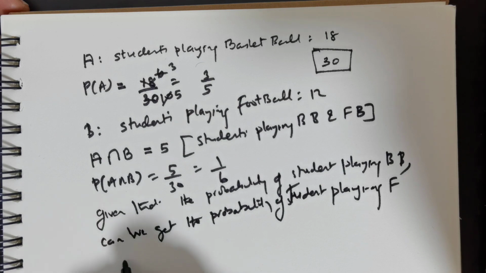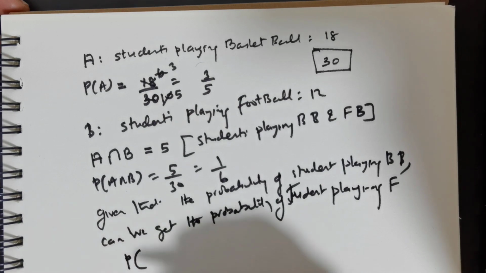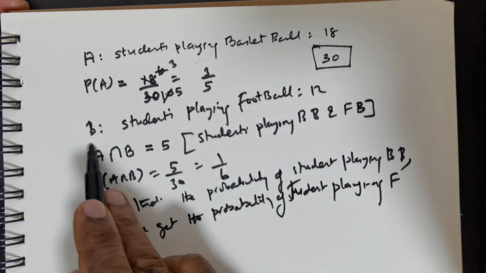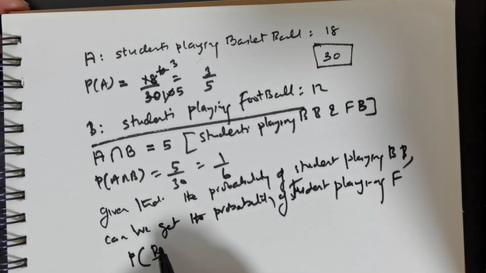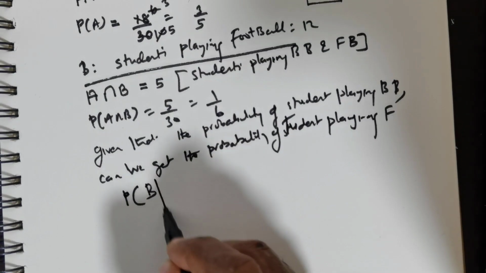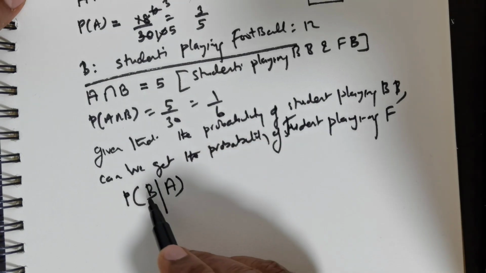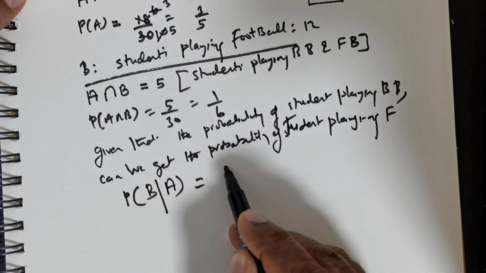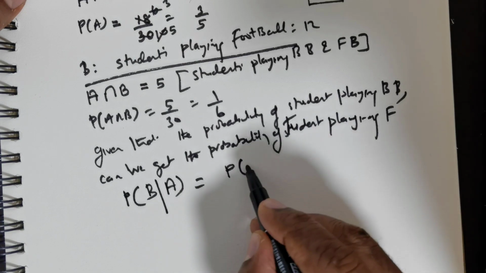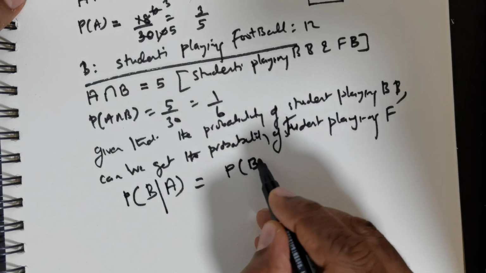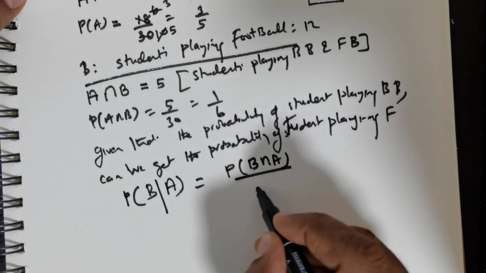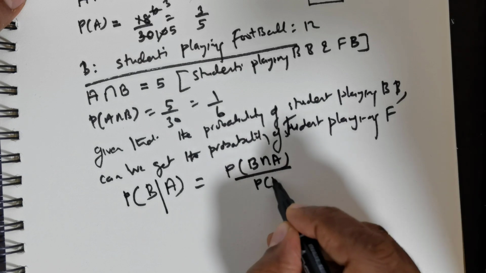You follow me? So we are interested in finding the probability of a student playing football given that A has already occurred. So probability of B given A is nothing but probability of, you can write this as B intersection A, divided by probability of A.